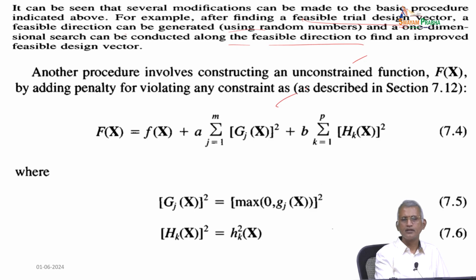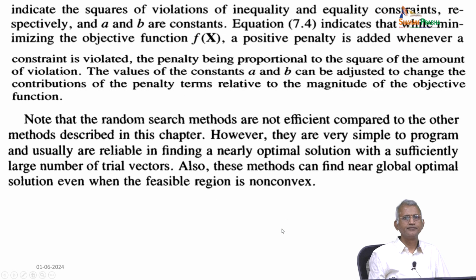Another procedure involves constructing an unconstrained function F of x by adding a penalty for violating any constraint. So, we have capital F of x equal to small f of x plus a times the summation j equal to 1 to m of gj of x squared, plus b times the summation k equal to 1 to p of hk of x squared, where gj of x squared is the maximum of 0 comma gj of x, whole squared, and hk of x squared is hk of x whole squared.